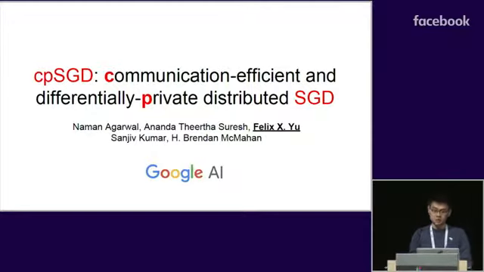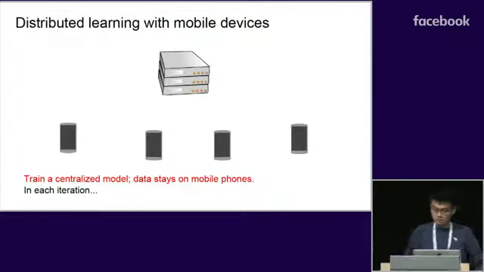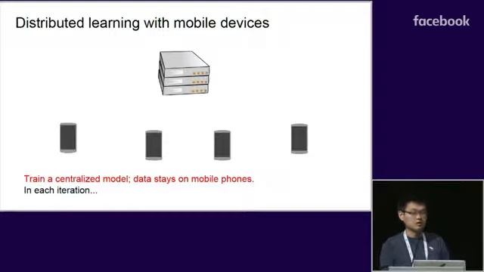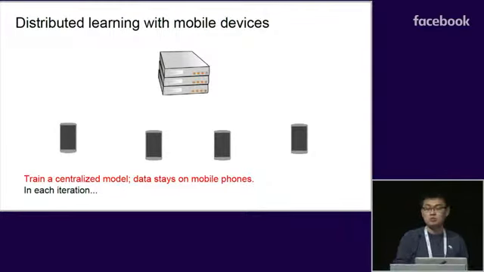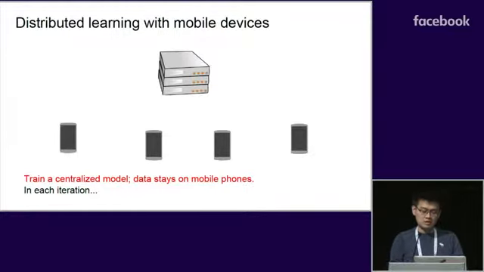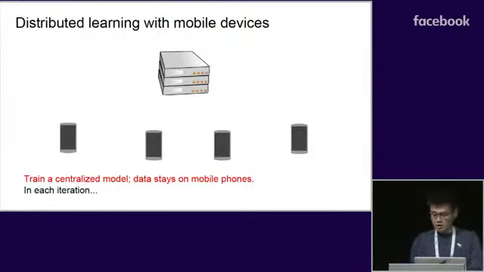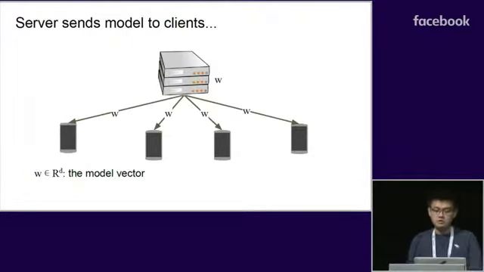So here we consider the setting of distributed learning on mobile devices, where the goal is to train a centralized model, and the data stays on the mobile phones. In this learning setting, typically in each iteration, the server will first send the model to the client.